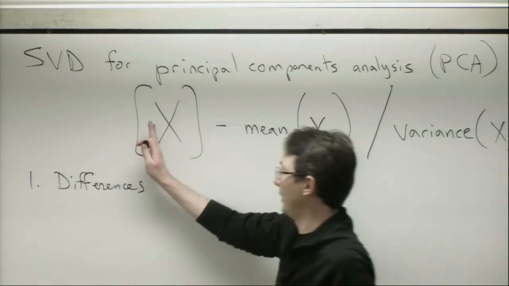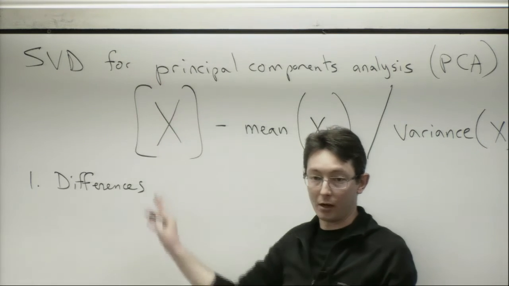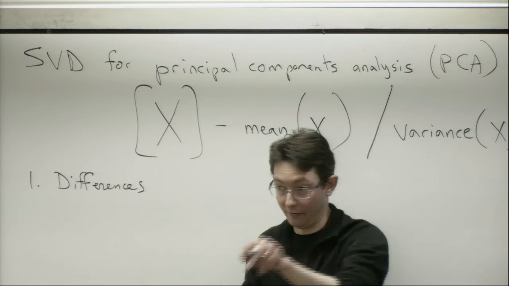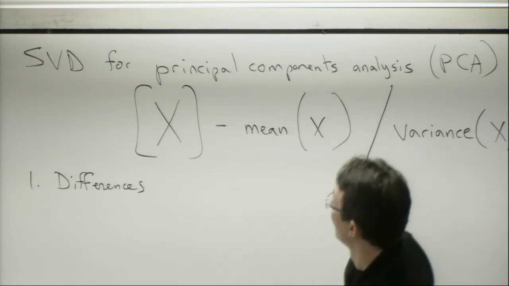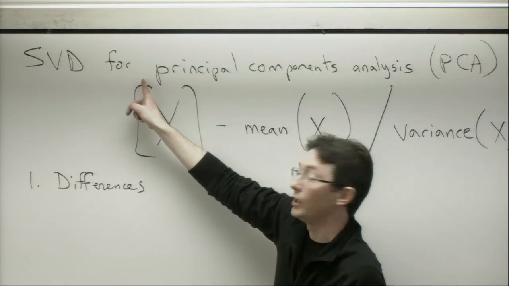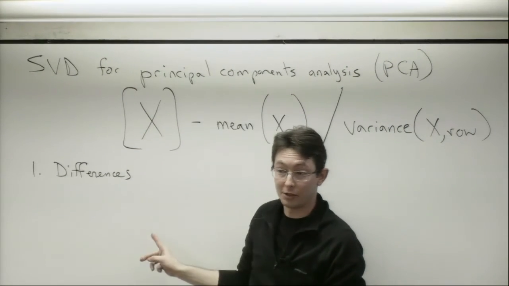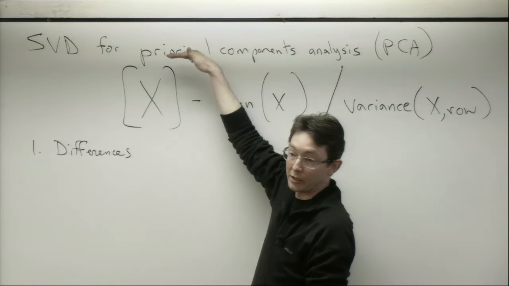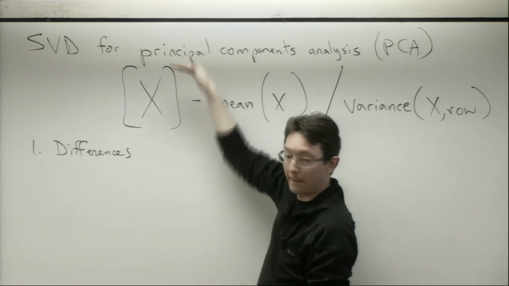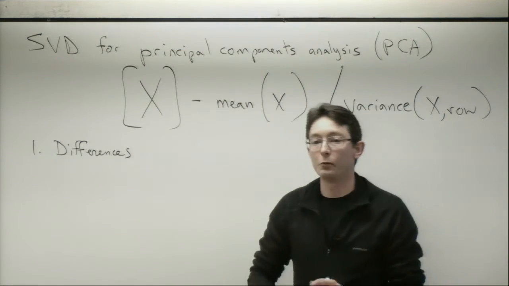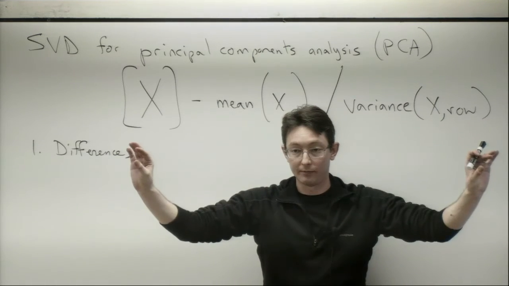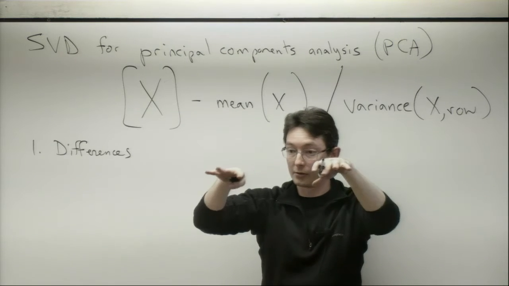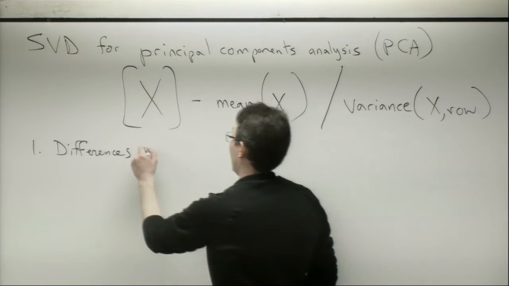So I told you that in X, I stack my measurements as big columns. For example, if I sampled the blood from everyone in this room, which would be creepy, I could find what your gene expression were for like 40,000 genes, and I would have a 40,000 by 50 matrix. In principal components analysis, we would stack those measurements as rows. So the big measurements that correspond to one individual are now rows.